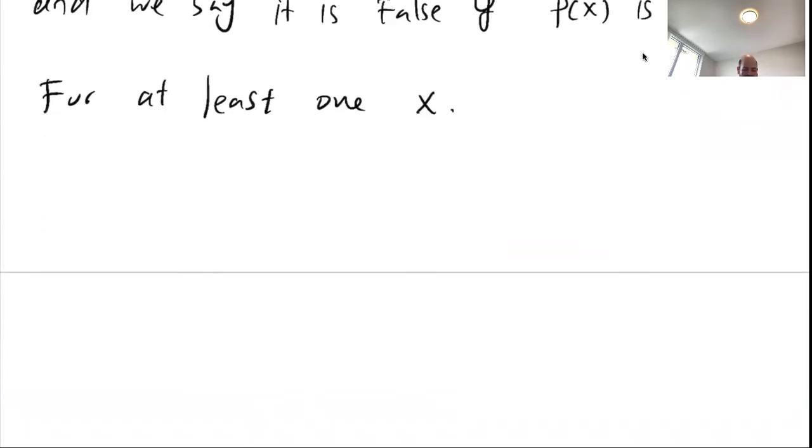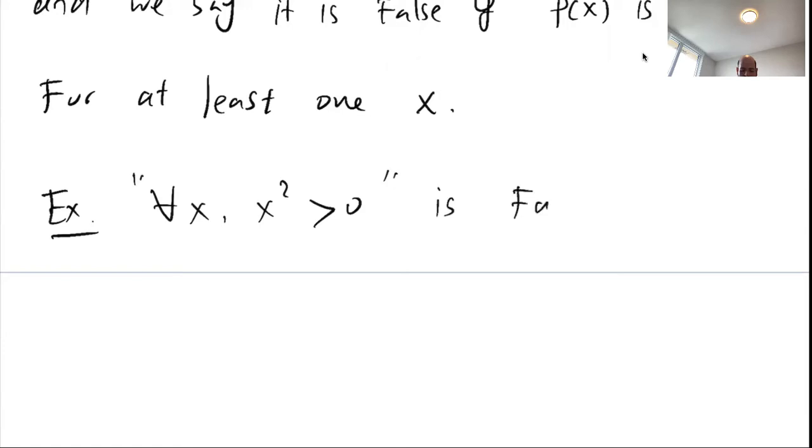Okay, so let's look at an example. Let's say I say for each x, x squared bigger than 0. So this statement is false, right? Here, x is not mentioned as coming from which set. As I said, if x is a number and it's not mentioned that it comes from a specific set, we can assume that it comes from the set of real numbers. So if x is a real number, x squared is bigger than 0.